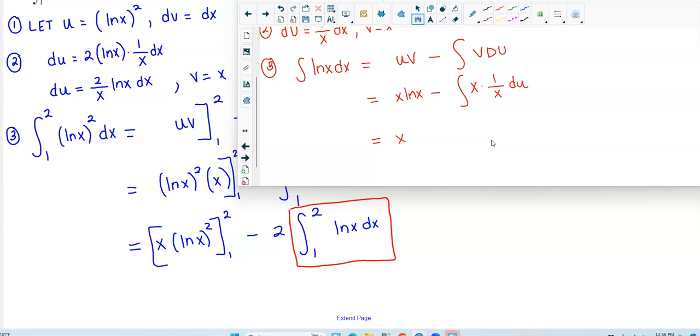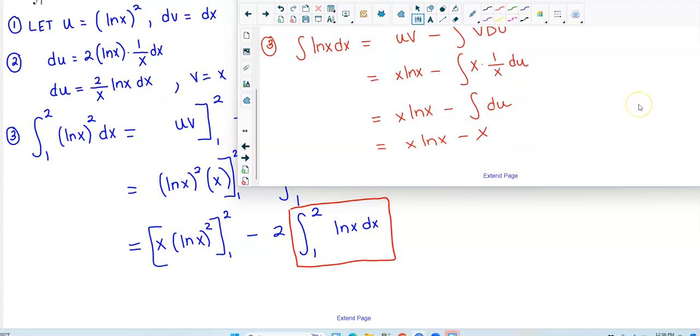Well, x times the natural log of x minus, well, x divided by x is just 1. And so what's the antiderivative of 1? Well, we get x times the natural log of x minus x. And therefore, that is the antiderivative. And so now we're going to evaluate it according to 1 and 2.